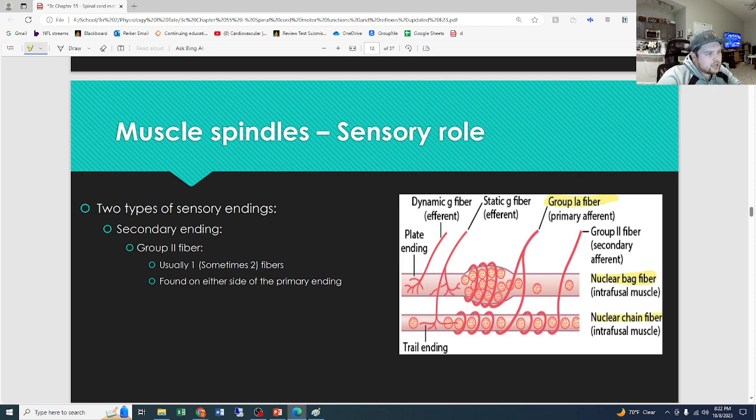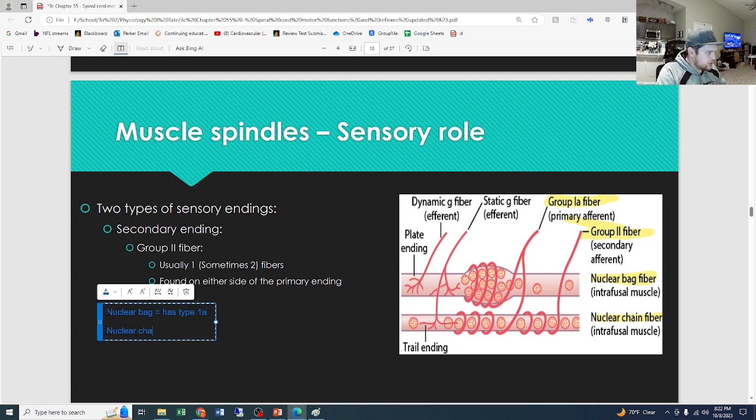The nuclear chain will have type 1A and potentially type 2 fibers on it. Those highlighted are what we want to remember: nuclear bag has type 1A. Nuclear chain has both type 1A and type 2.